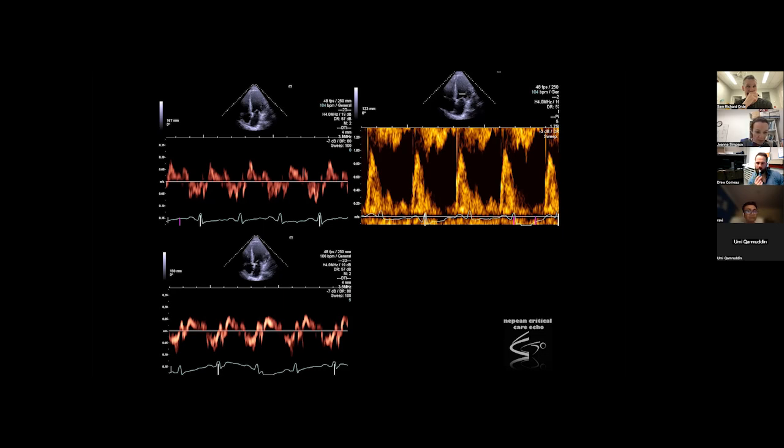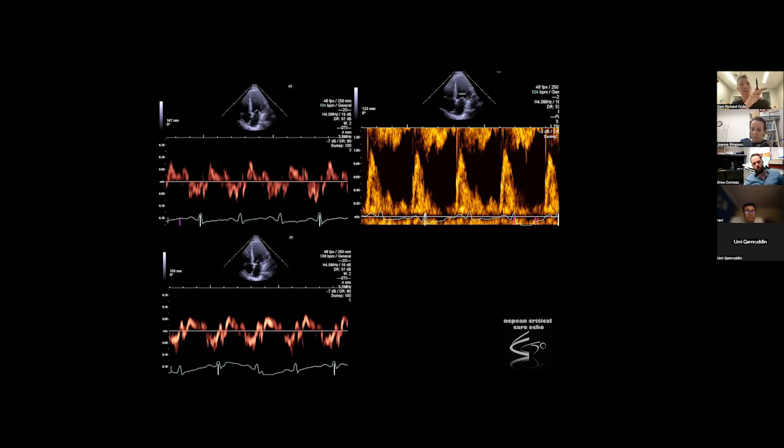Can I ask a quick question? I can't quite see where the gate is on those two. Yeah, no problem. So the top one is your lateral mitral annulus, and we'd probably give you the values there. So the E prime is like 5 centimeters per second. And then the bottom one is the medial annulus, and that's also about 5 centimeters per second.